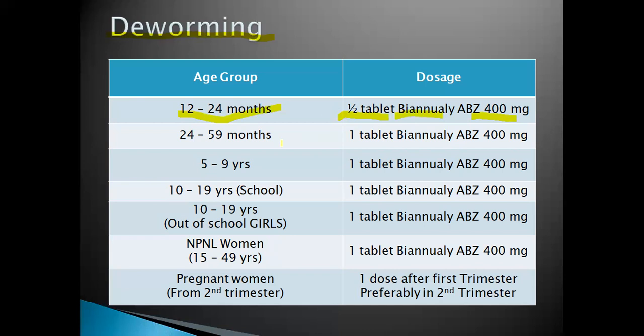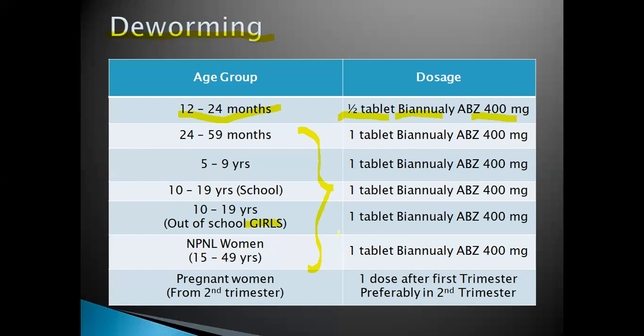Now, the subsequent age groups have been given because they were there in the iron and folic acid. In albendazole, there is no such difference. So if you see from here down till the NPNL women, that is, it may be 2 to 5 years or 5 to 9 years or 10 to 19 years in school or 10 to 19 years out of school, again girls only, and NPNL women, that is non-pregnant, non-lactating women of reproductive age group, that is 15 to 49 years.